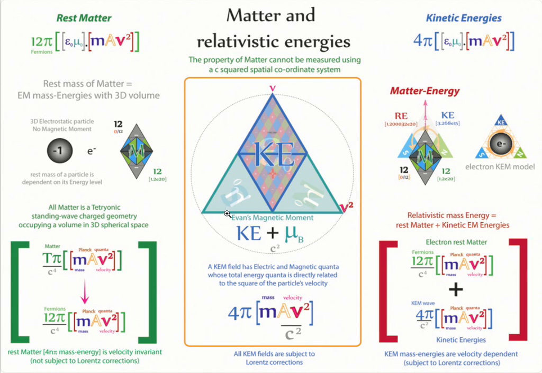And of course the permeability forms a magnetic moment, an Evans magnetic moment in the case of photons of light here, or in the case of the matter that's in motion here, it would be a Bohr magneton. But adding the kinetic and the magnetic fields together gives us the scalar chem field.